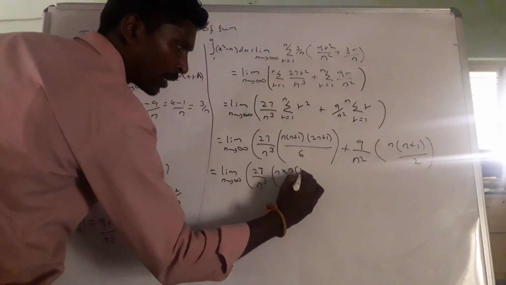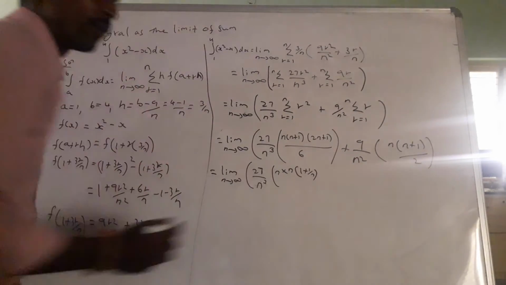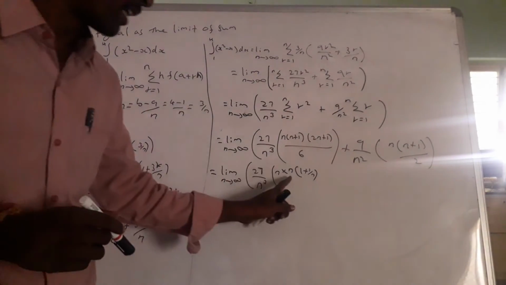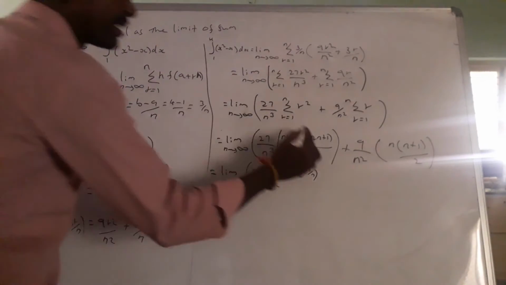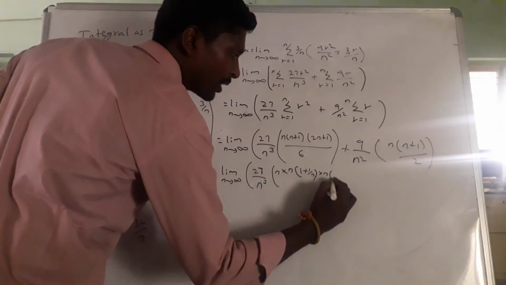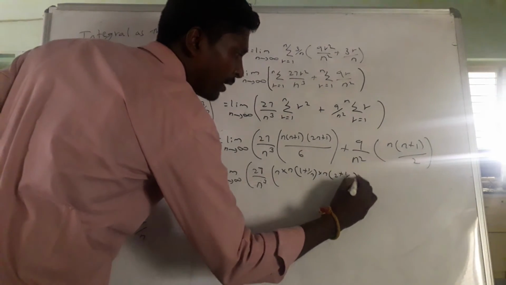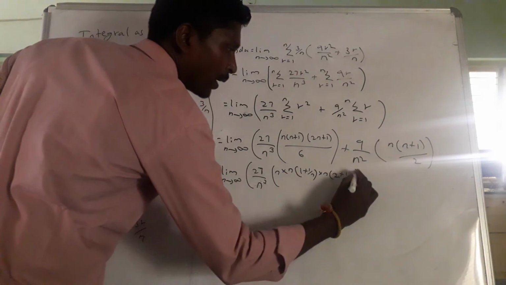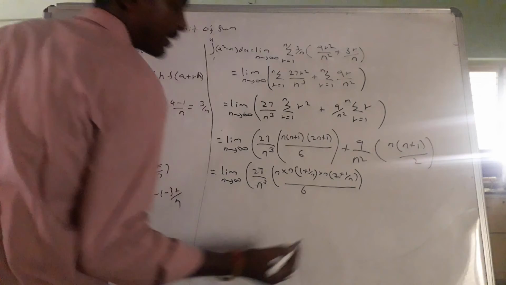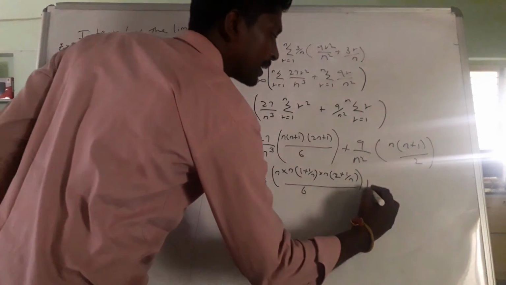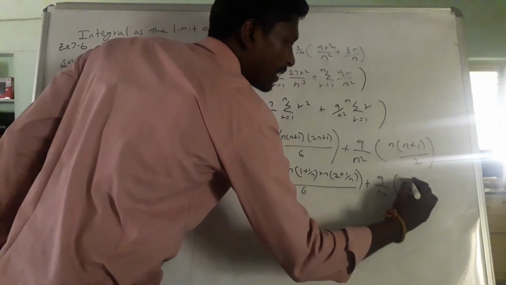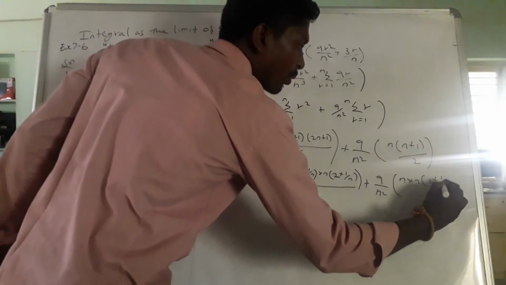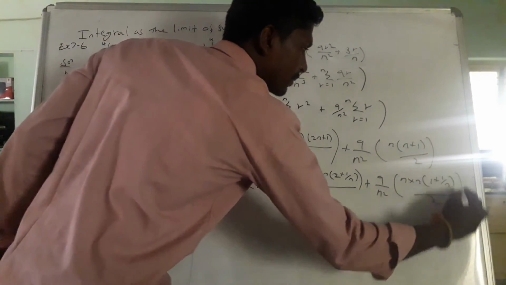Then n becomes 1, and 1 becomes 1 by n. You understand? Now multiply n inside, 1 into n, and n cancels, so 1 will come. Like this. Here also take n common, so you have 2 plus 1 by n will come. So 2 plus 1 by n whole divided by 6. Then plus 9 by n square. Like this, n is already there, take n common, then 1 plus 1 by n by 2 will come.